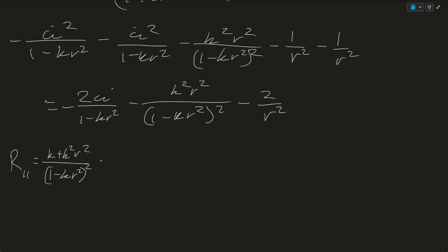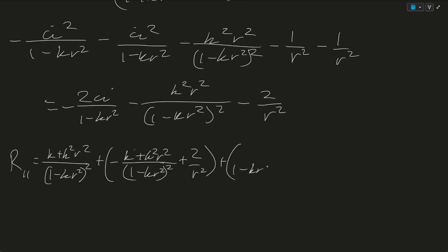That's our term 1 plus term 2, which is k plus k squared r squared over 1 minus kr squared squared, plus 2 over r squared plus 1 minus kr squared over kr, and that's all squared.